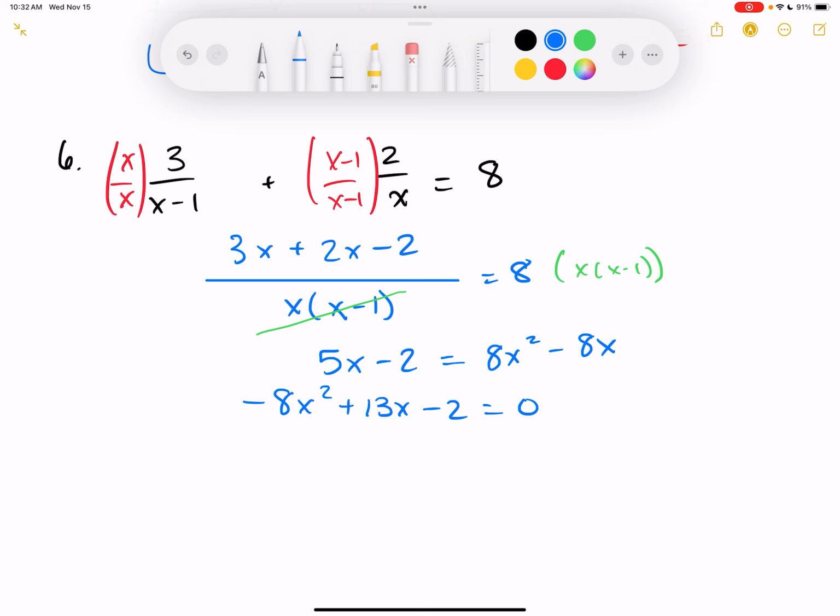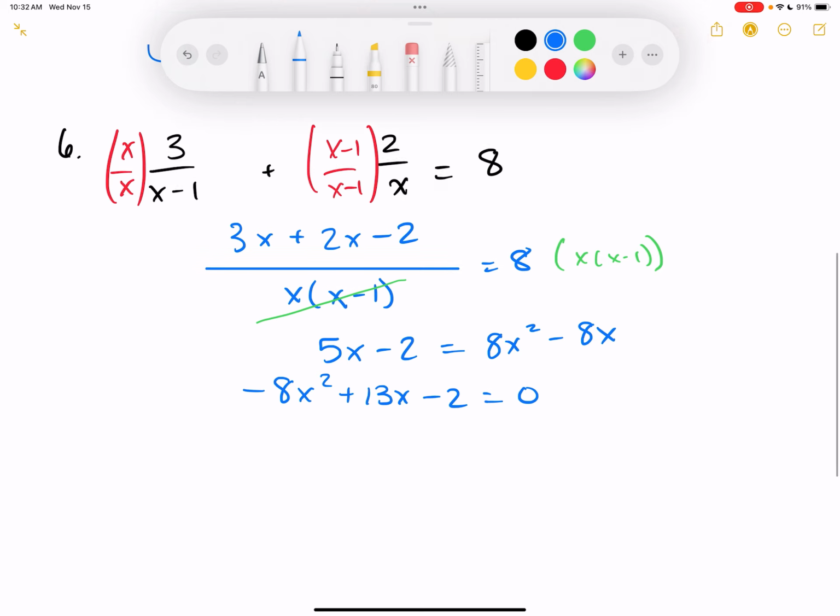So now the question becomes, can I factor this? Factors of 16 that give me 13. No. All right, so what might we need to do instead? Quadratic formula.